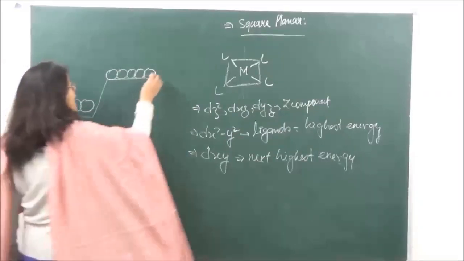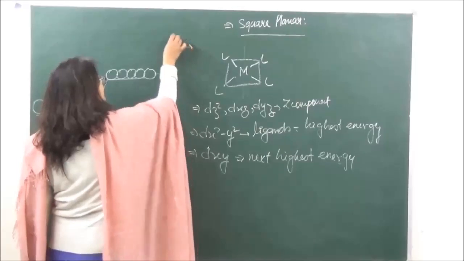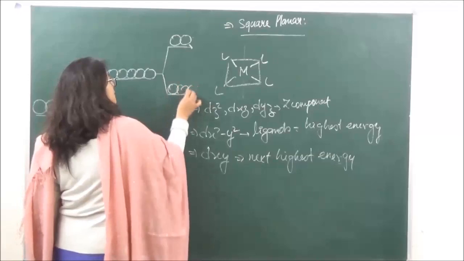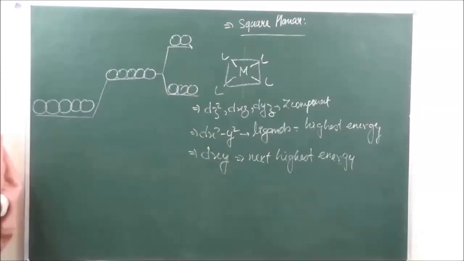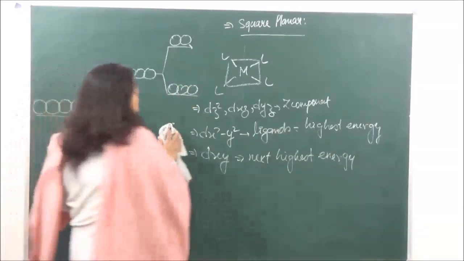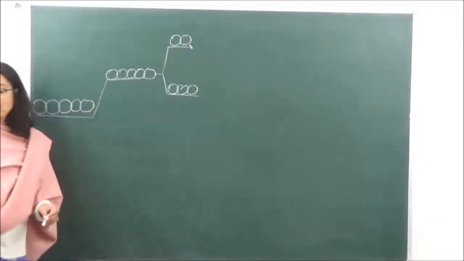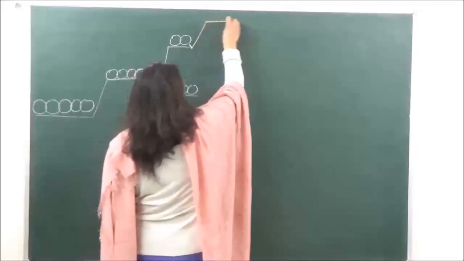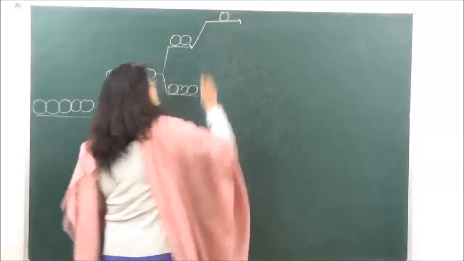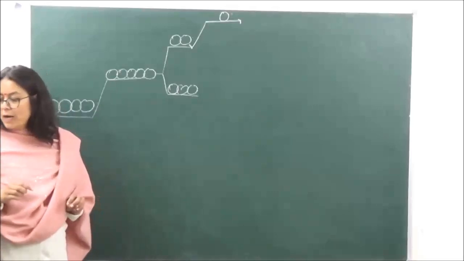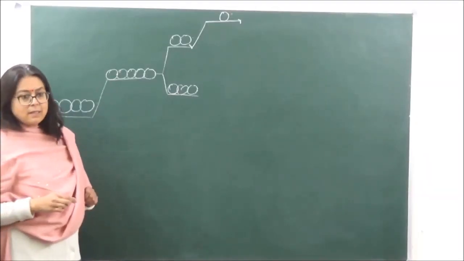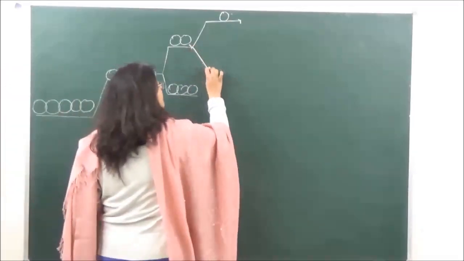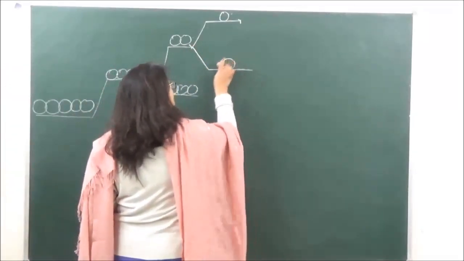We have again 2 Eg and 3 T2g. These are going to further split up: dx square minus y square is going to go to a higher energy level, and dz square to a lower energy level.